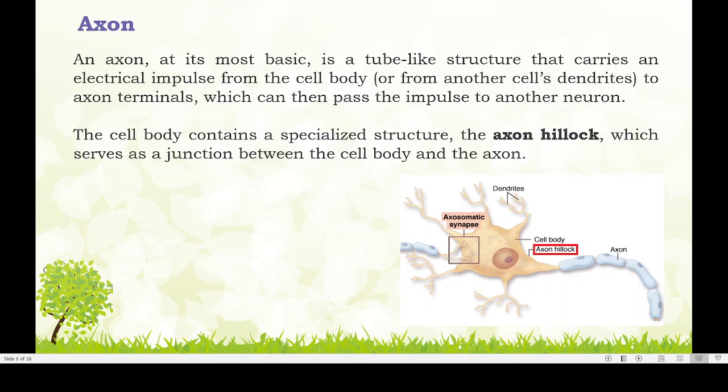So a small hill-like projection is there, and because of that we call it an axon hillock, and that is actually a junction between the cell body and the neighboring axon. So this is a specialized region helping in the transmission of the impulses. So that is the axon hillock.